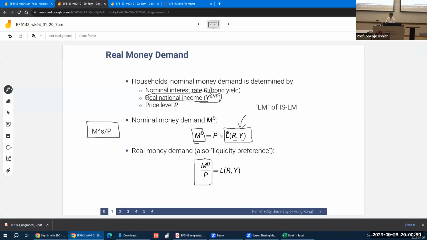So the relationship between L and Y should be positive. And the intuition is the following: if I am more productive and I make more per hour now, I am more inclined to spend more, and I may convert some illiquid assets to liquid, more liquidity, right?